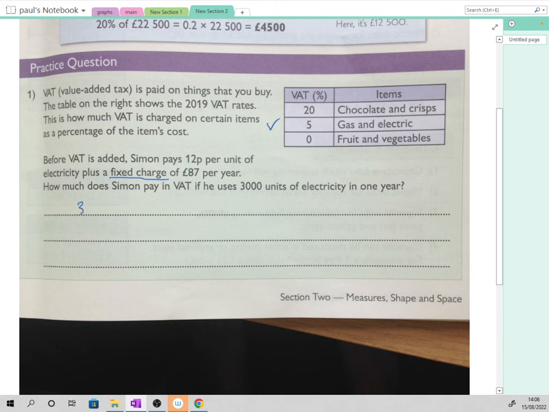So it's going to use 3,000 units times 12p. I'm going to call that 0.12 because I'm going to change that into pounds. Remember we did that in a previous lesson. So 3,000 times 0.12, and then my answer comes up in pounds. So that's going to cost me £360.